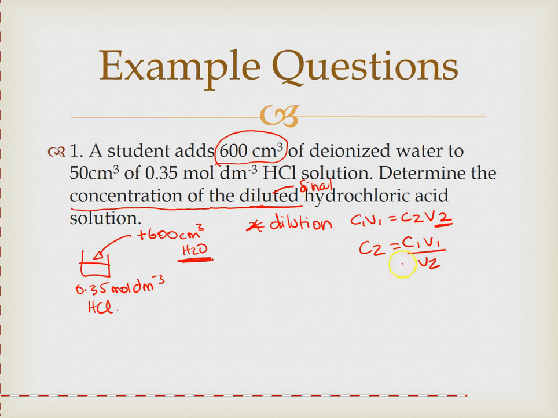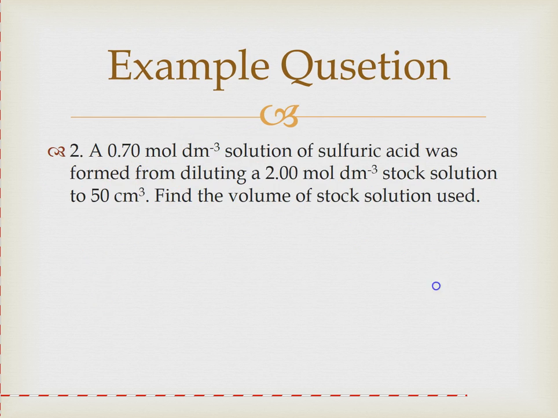We need to identify each of these variables in our equation. We have 50 centimeters cubed, which is a volume related to our initial solution, so that is going to be my V1. I have 0.35 moles per decimeter cubed, and that is going to be my C1.